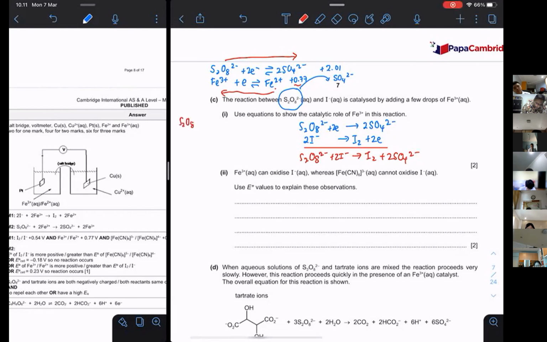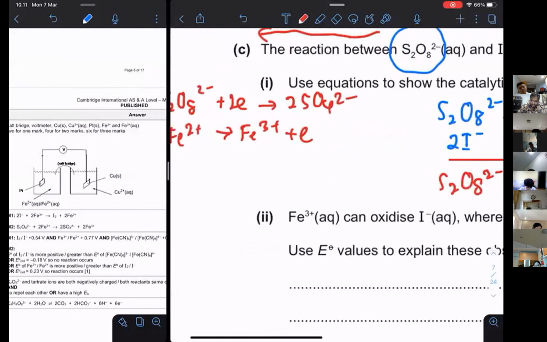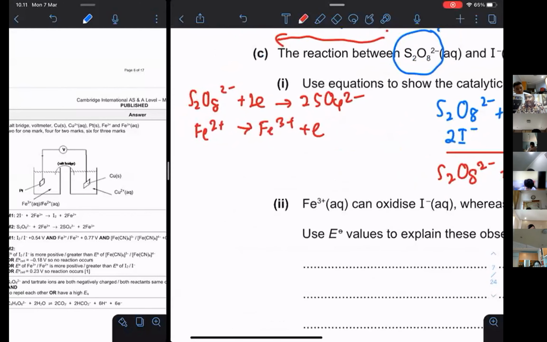So S2O8 2 minus will react with Fe2 plus. If I write down Fe2 plus, it gives me Fe3 plus plus an electron, and the S2O8 2 minus plus 2 electrons gives me 2SO4 2 minus. They didn't ask you to calculate the E value, so I need to write that equation first.